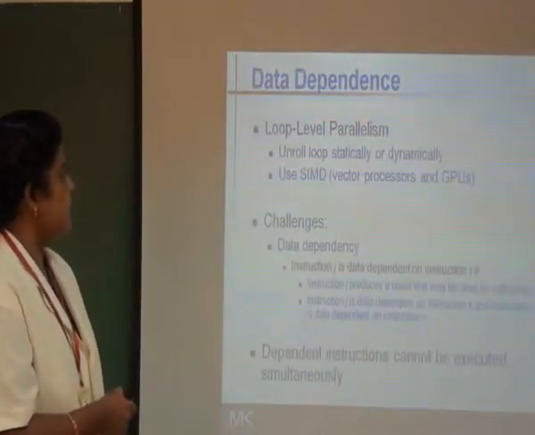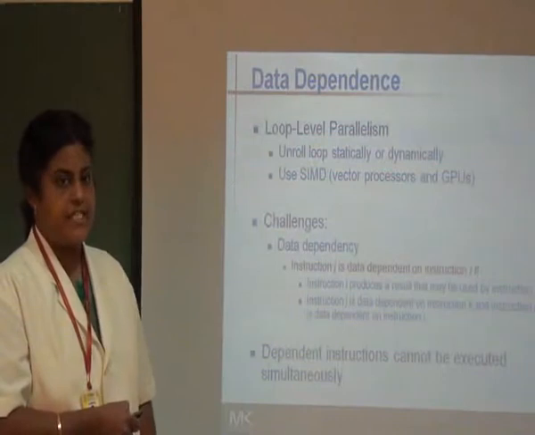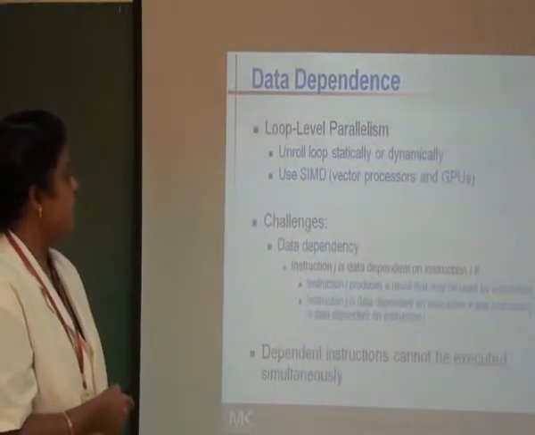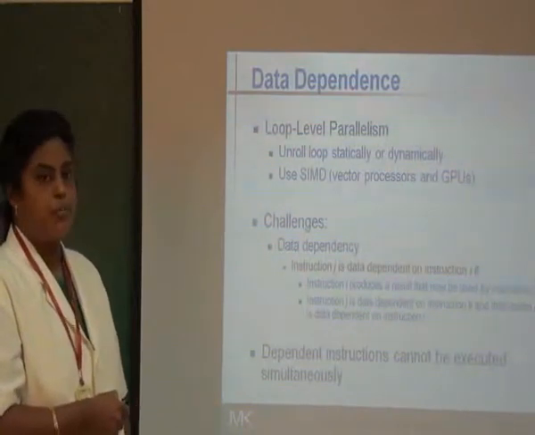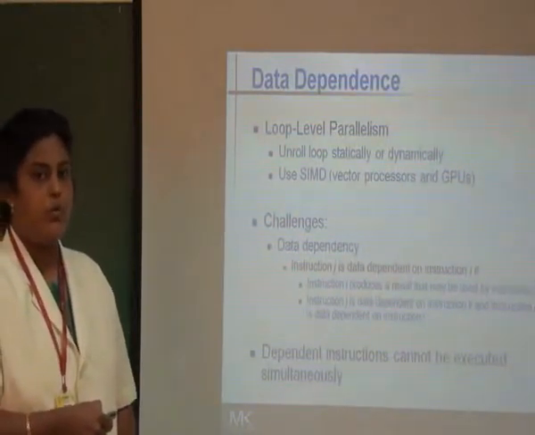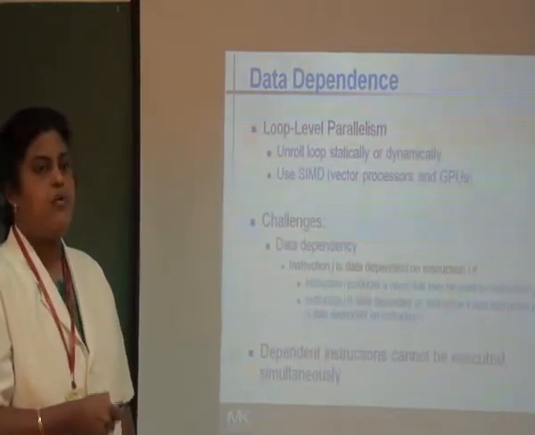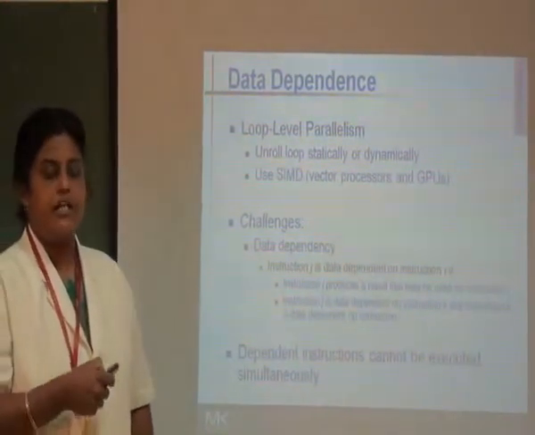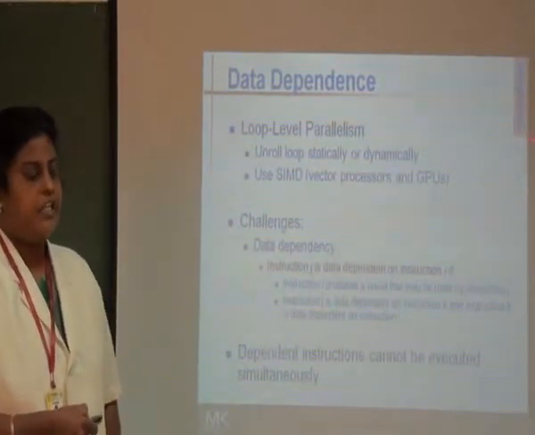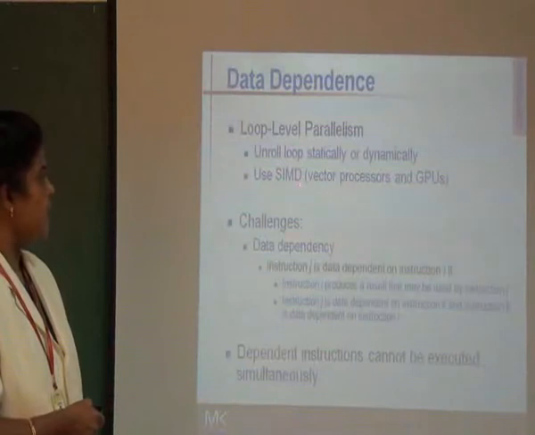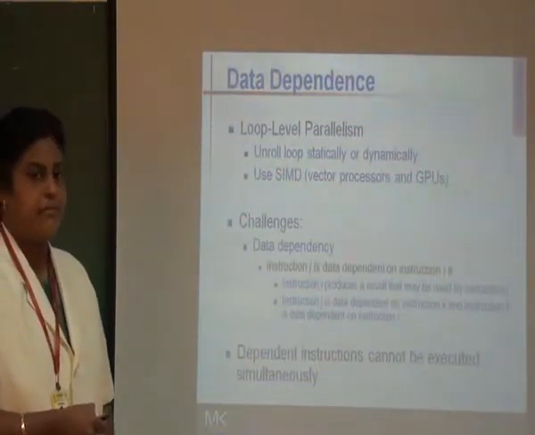The next topic is data dependence. Data dependence comes as a problem when we look into loop level parallelism. So what is loop level parallelism, and how can it be exploited? Loop level parallelism can be exploited by unrolling the loop statically or dynamically.